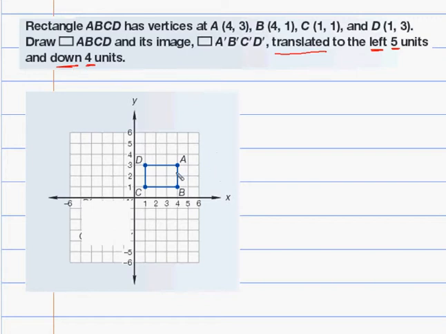So it's like we just pick the rectangle up and we move it over 5 and down 4, and that's exactly what you would do. And you would plot those new points and label them A prime, B prime, C prime, D prime.